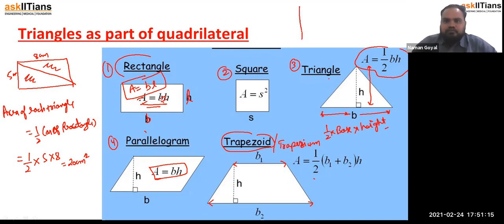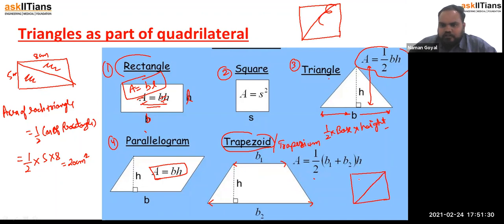Now if I take another figure like this, can we do here? Yes, we can do here. Now see, if there is a square and I join these diagonals, there are four triangles: 1, 2, 3, and 4. Now the area of all four triangles is the same.